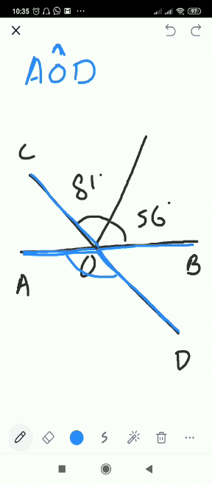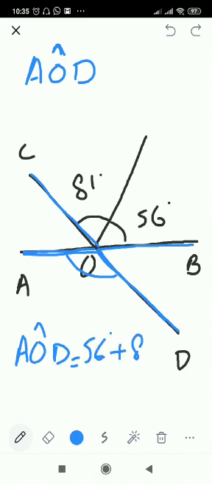So AOD is equal to 56 plus 81, because it is vertically opposite to this. AOD is vertically opposite to this whole angle, not only this 81, not only this 56, but 81 plus 56.